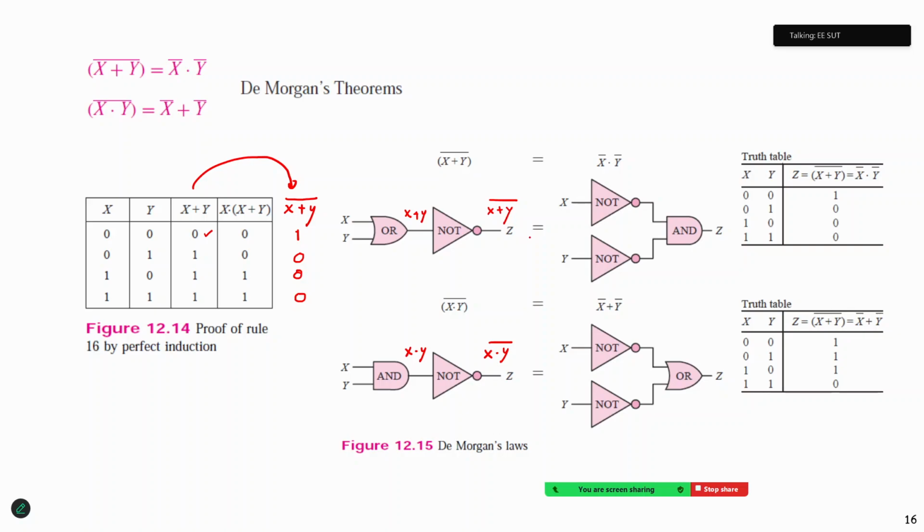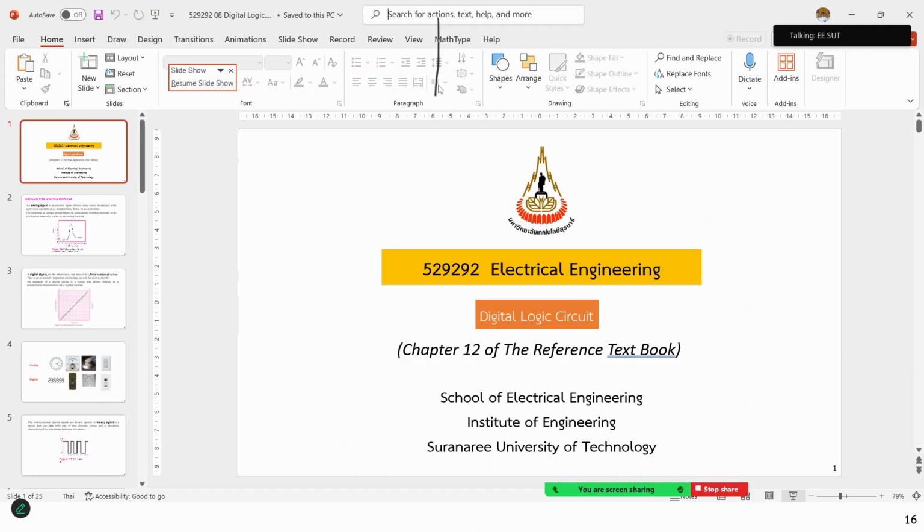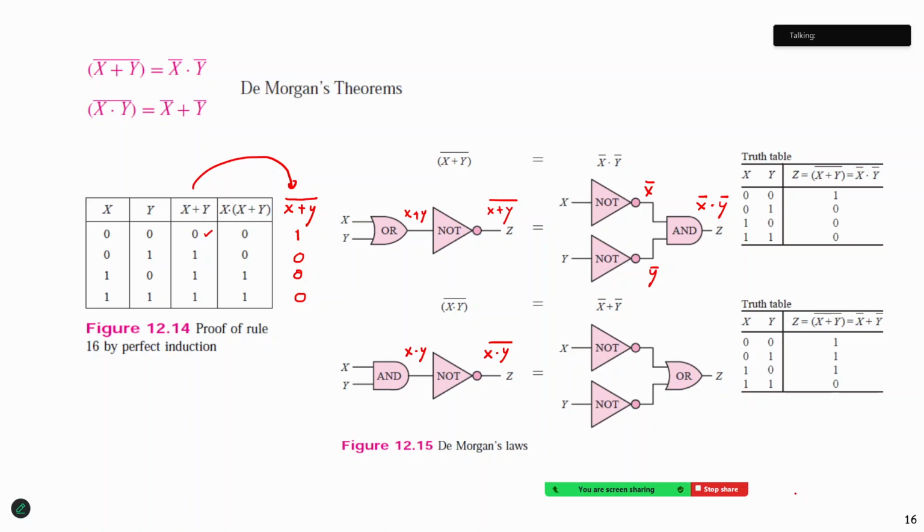And if we use this circuit, X and then NOT, X bar, Y and NOT, Y bar, and add together, that means X inverse into Y inverse, what we get from here. So I draw one table here.